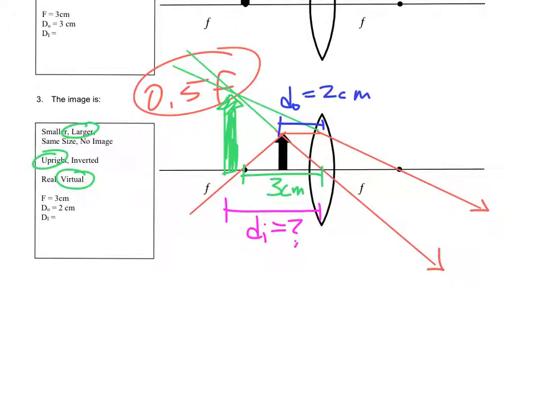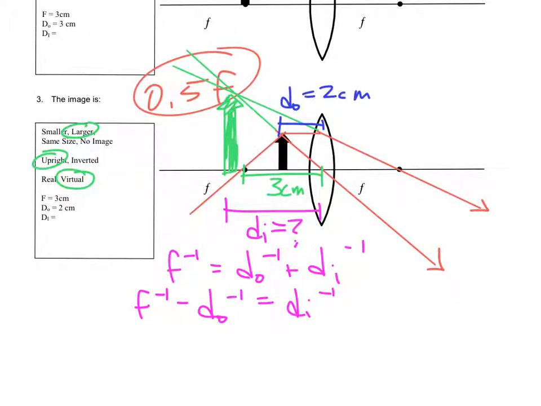So the inverse of f is equal to the inverse of dO plus the inverse of di. If I want to figure out the image distance, then I'm going to move my object distance to the opposite side to get di by itself. So the inverse of f minus the inverse of dO equals the inverse of di. And I can plug in f as 3, I can plug in 2 as object distance, and solve for my image distance.